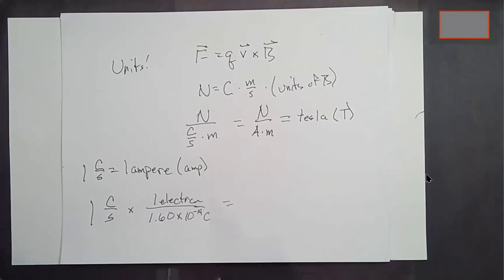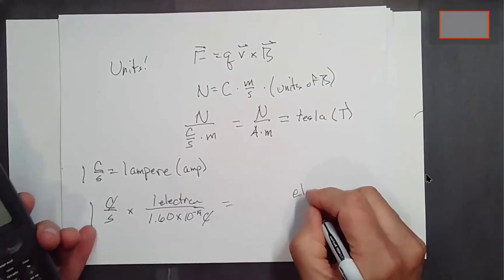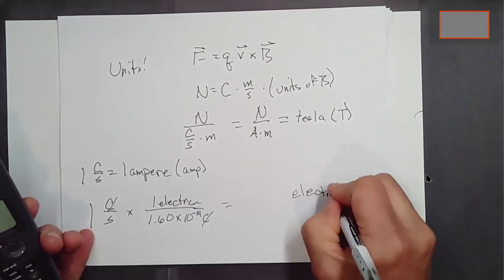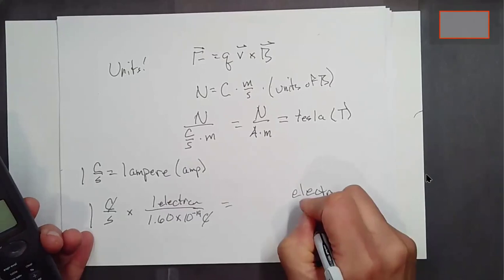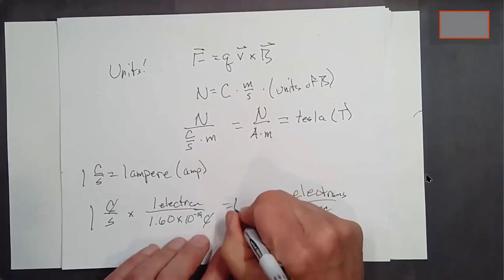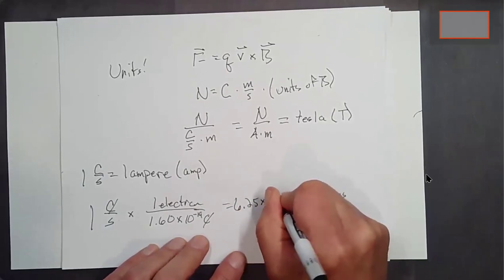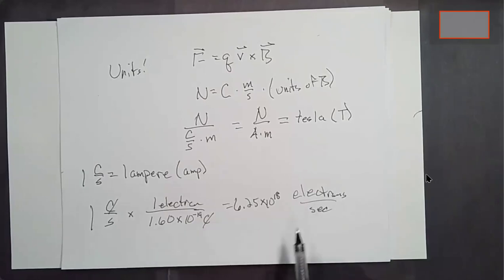But the coulombs would divide out, and I'll get electrons per second. It's about 6.25 times 10 to the 18th electrons per second is what an ampere of current is comprised of.